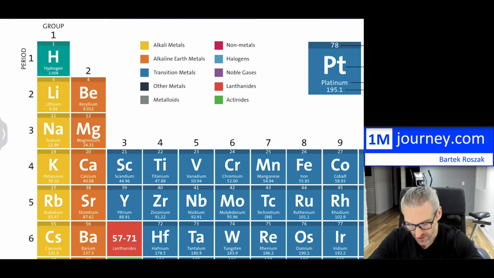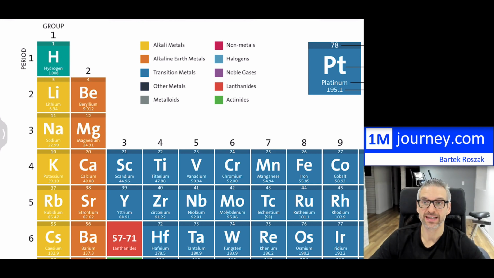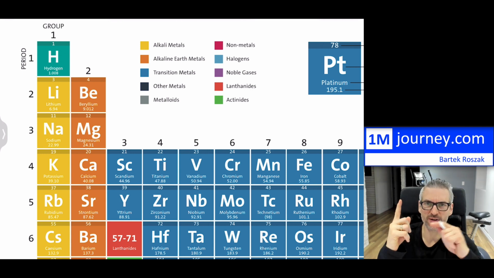For instance, hydrogen has 1.008 as its atomic mass. So hold on a second. There's a proton, and on average I only have one proton. I don't have any neutrons, because if I had another neutron, that would be 2 at least.